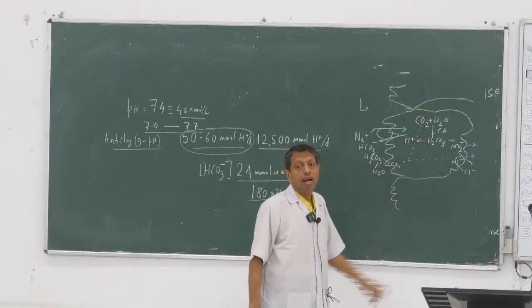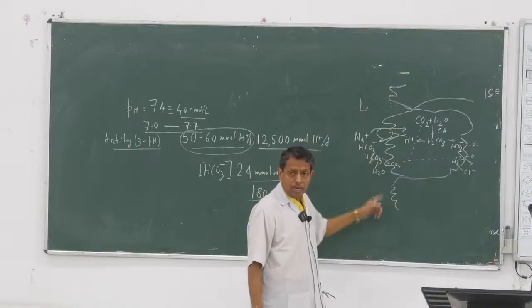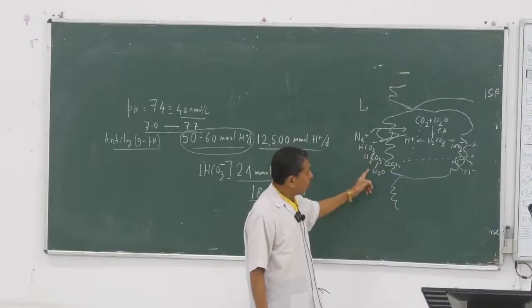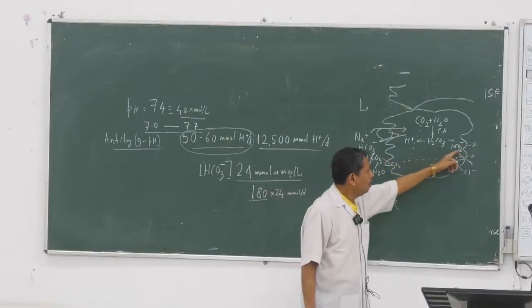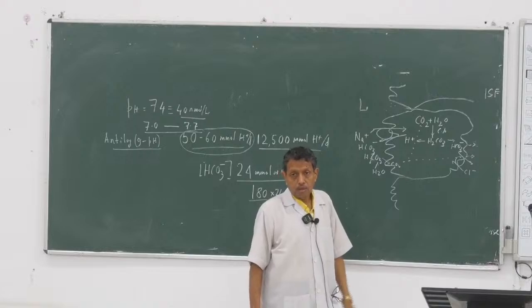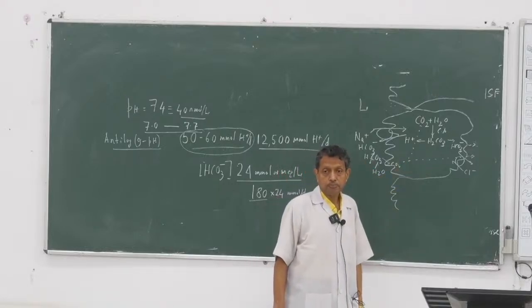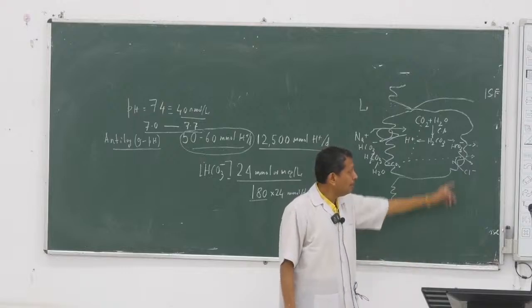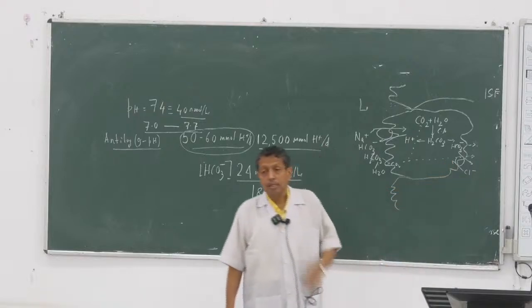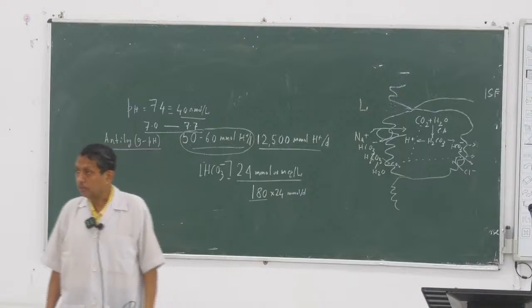or it may take part in the same reaction. So ultimately there is loss of one bicarbonate in the lumen, but another bicarbonate ion is taken in, though it is not the same molecule, a different molecule. Ultimately there is net transfer of this bicarbonate ion. Clear?